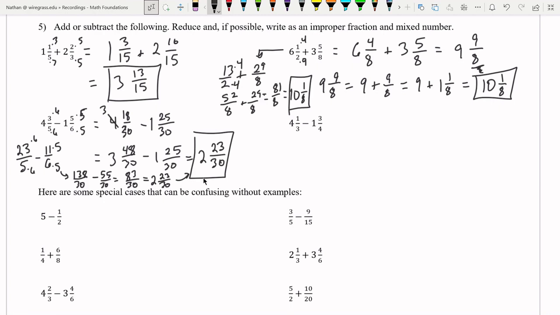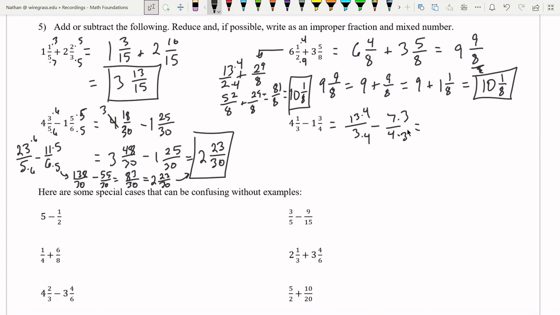Again, whichever way makes more sense to you, do it that way. I'm going to write it as an improper fraction here. 3 times 4 is, sorry, 3 times 4 is 12, plus 1 is 13. And 4 times 1 is 4, plus 3 is 7. 12 is going to be the least common denominator because 3 times 4 is 12. Times by 3, times by 3.